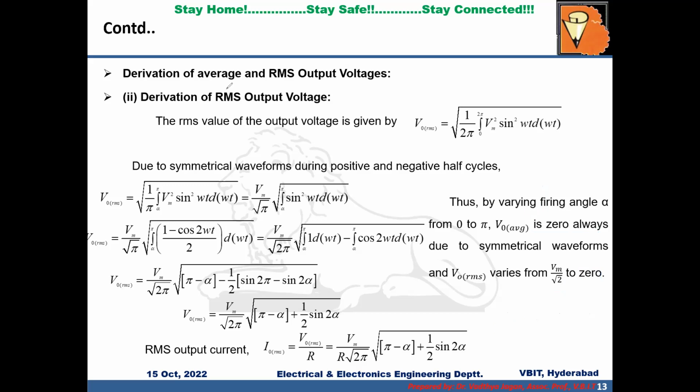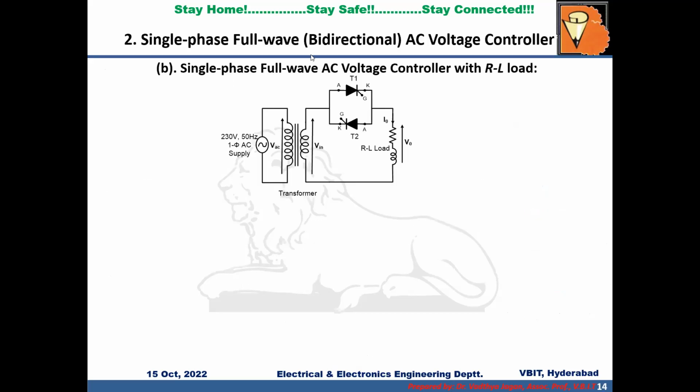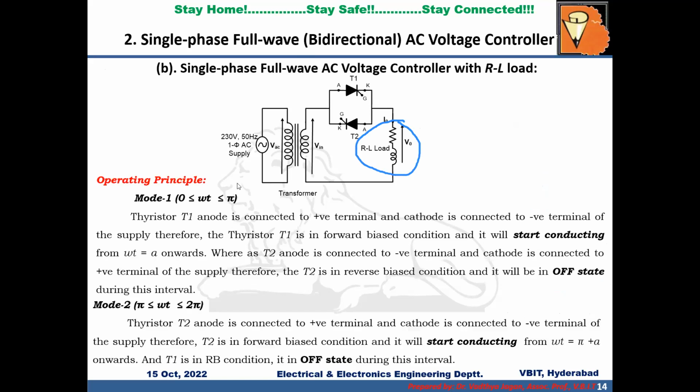Now we will move on to the RL load. We are just replacing the load with a resistive inductive load. Here you can see the resistor and inductor are connected in series, and the operating principle will be the same.